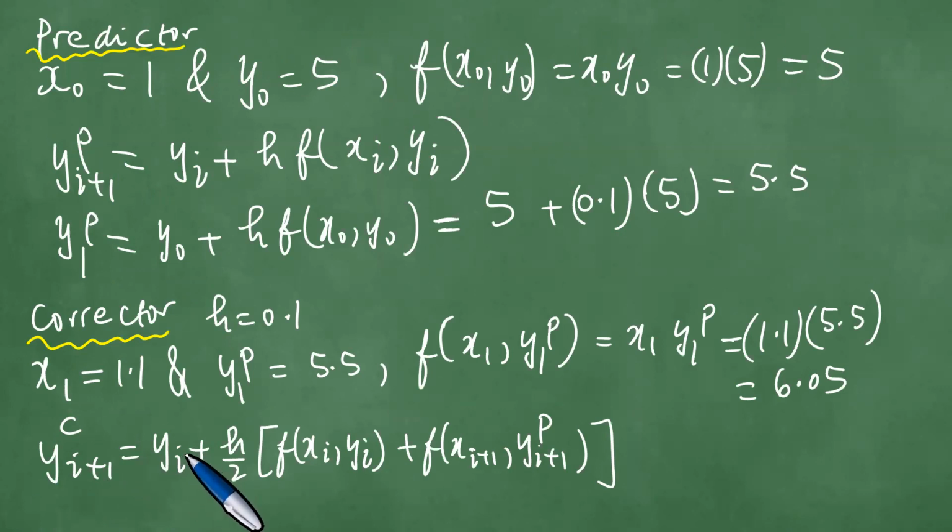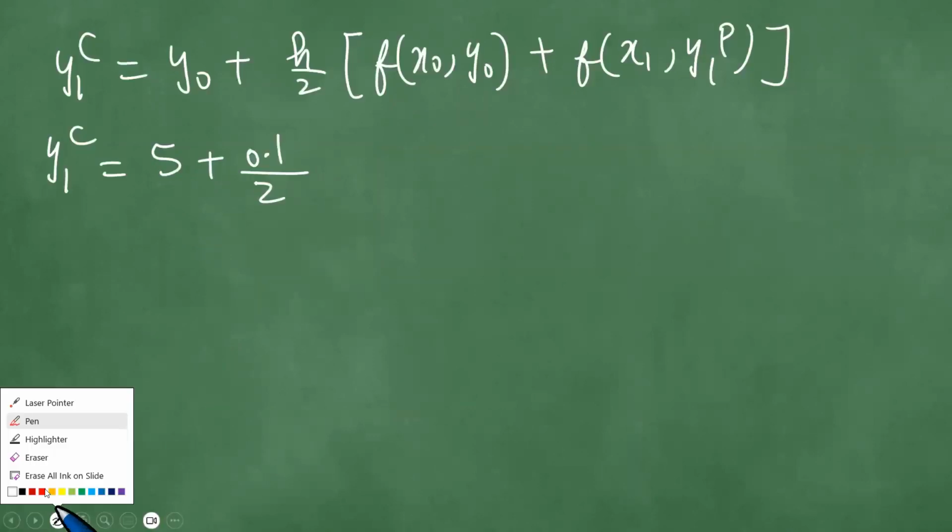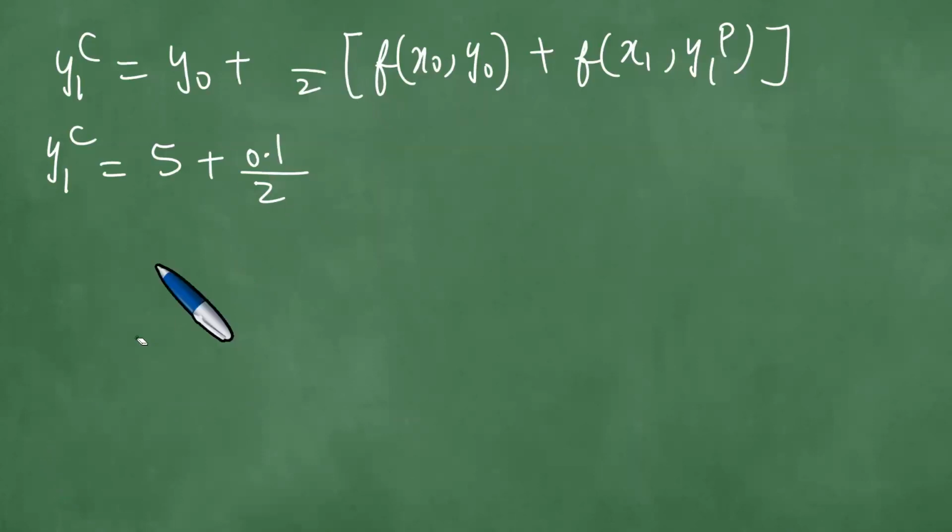Obviously we have got exactly what Y0 is, because Y0 is 5. H is 0.1, 2. Oops. Just making the H clear because it doesn't look like a clear symbol.